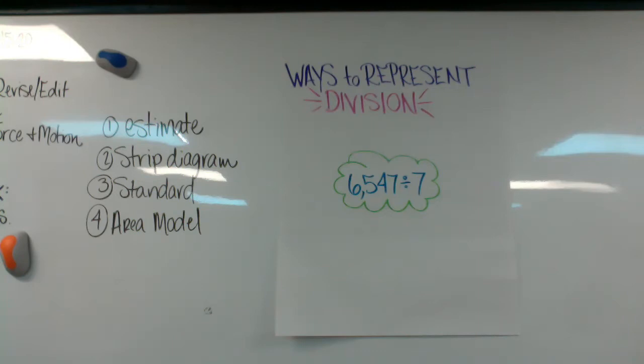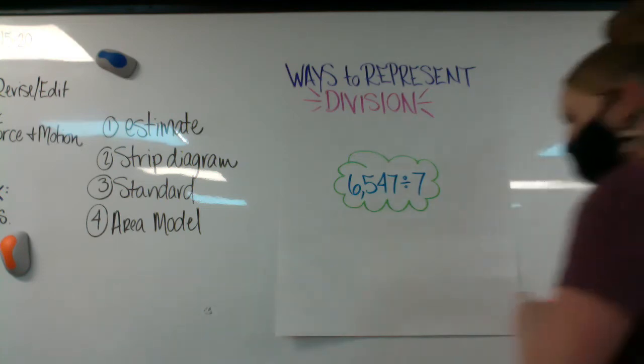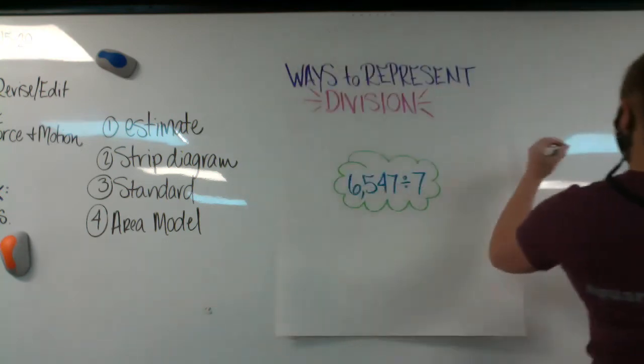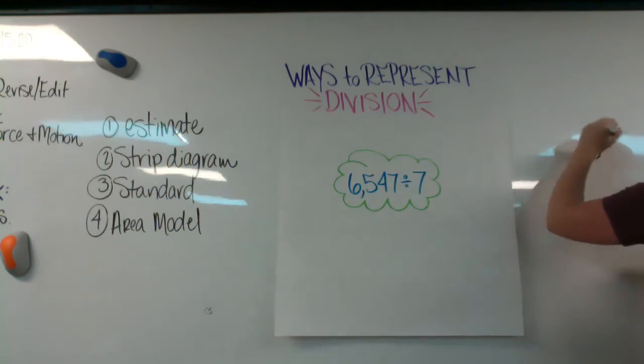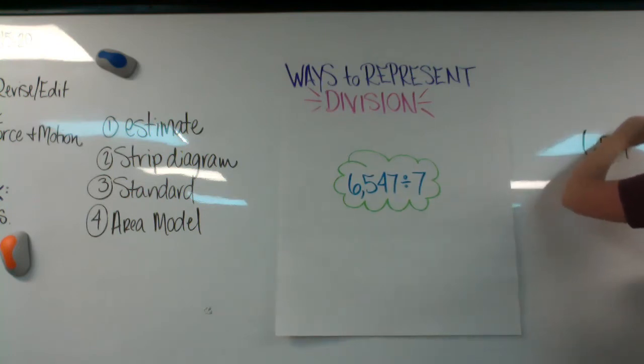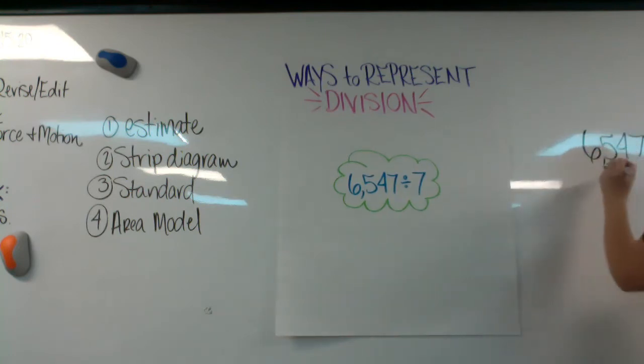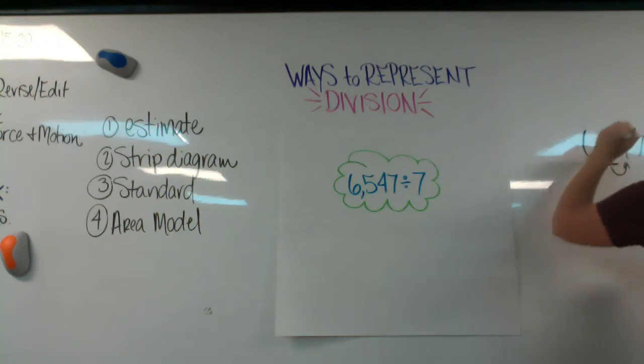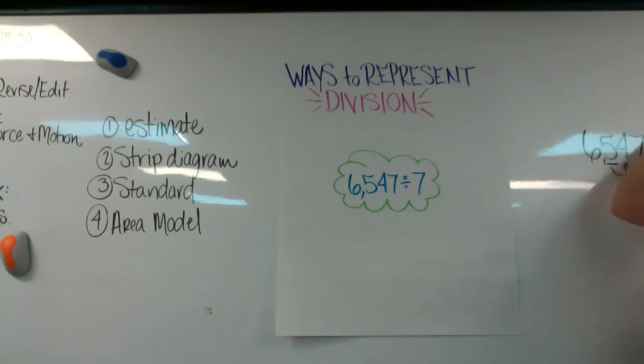So if I rounded it to the hundreds, what would it be? I'll write it over here. I have 6,547. If I round it to the nearest hundred, does 4 go up or down? Down. So the 5 stays the same, right? So that would be 6,500.